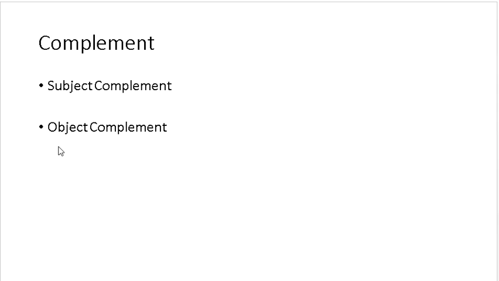Now, why are we studying this complement and adjunct difference, and why are we focusing on complement, which we started from two kinds of sentences from the verb? Because in the previous lecture I discussed that sometimes in action sentences we use a linking verb, that is a mistake, and sometimes in non-action sentences, in the place of a complement, we try to use an adjunct, which is a misfit over there.